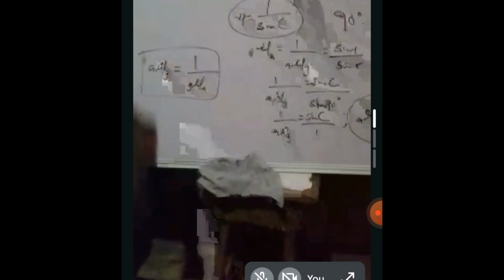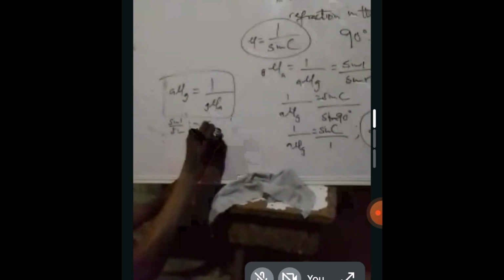A mu G is going to be the inverse of G mu A. So if this is sine I over sine R for a body moving from air to glass, for a body moving from glass to air it's going to be sine R over sine I.